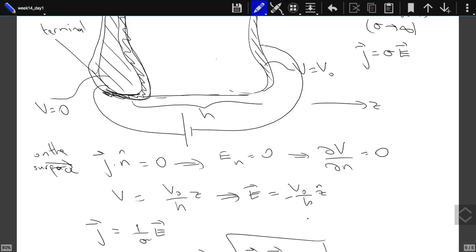And hence the electric field is uniform in such a conductor. You see, this is inside the conductor. We don't know anything about what is the electric field outside the conductor.